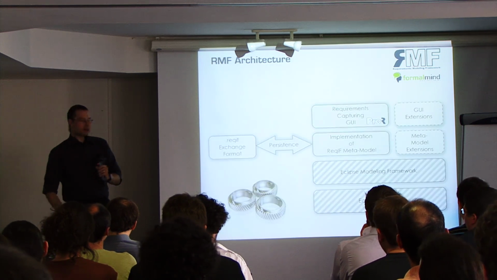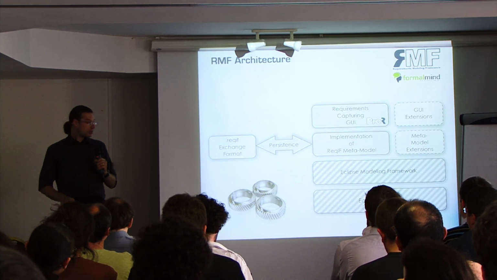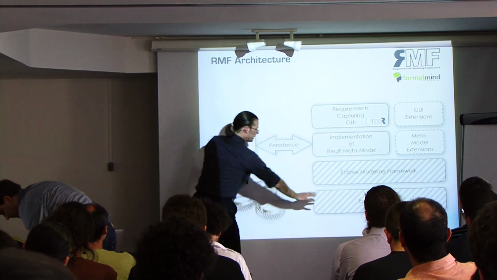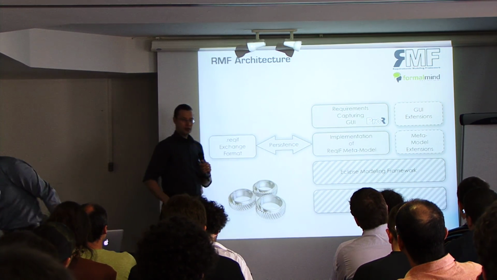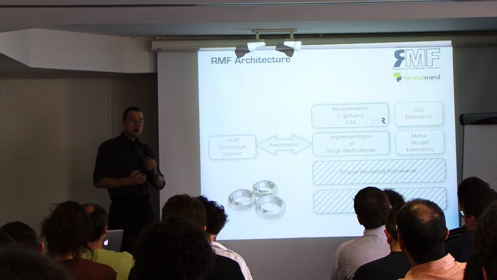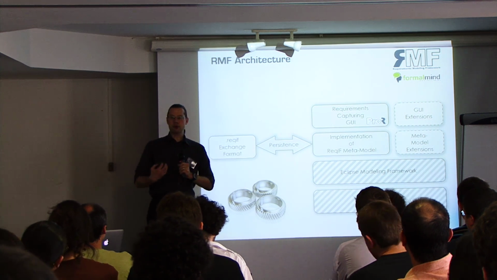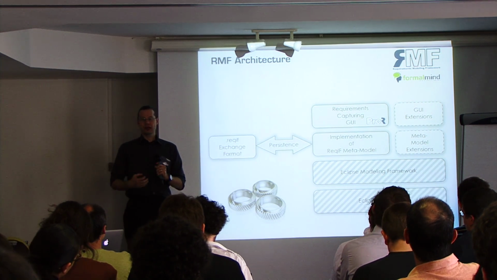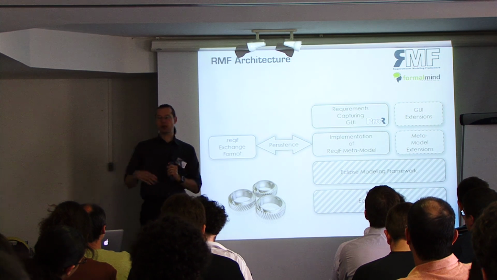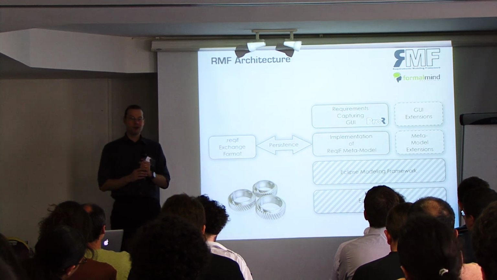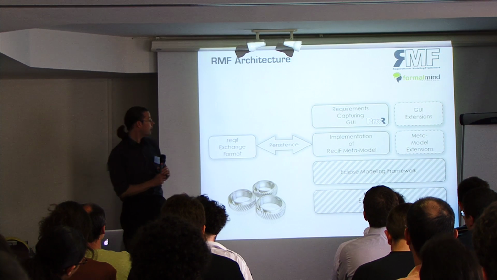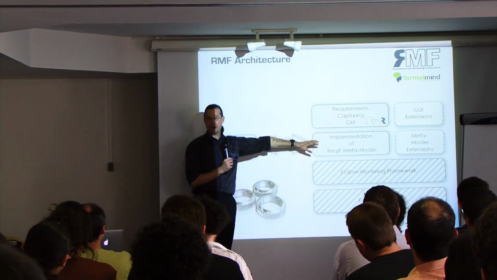Okay, this is a rough overview of the architecture. So you have Eclipse underneath. We use the Eclipse Modeling Framework. One of the reasons is that the standard already provides us with a model that we could just massage into an Ecore model to generate all the code for this project. Very convenient. On top of that, you have the meta model.